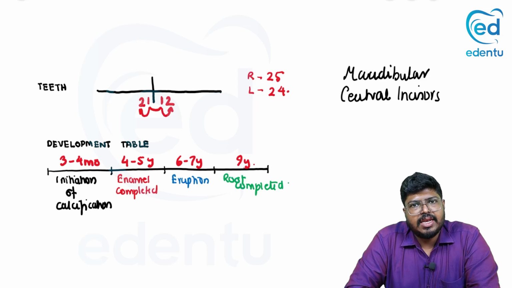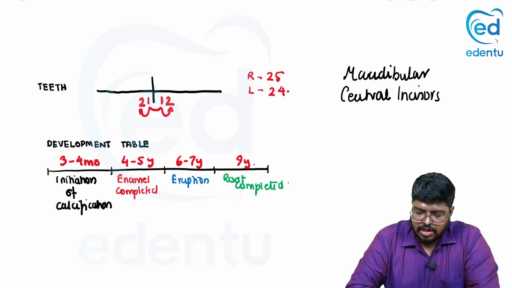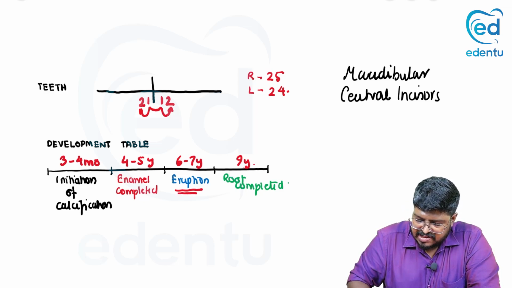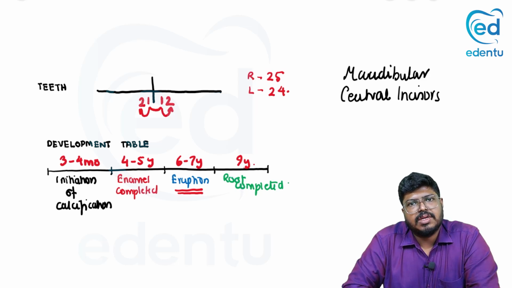Therefore, the mandibular central incisor along with the first molars will be the first few teeth that erupt in the oral cavity. If you can note, the eruption time is at 6 to 7 years, approximately at the same time as the maxillary and mandibular first molars.